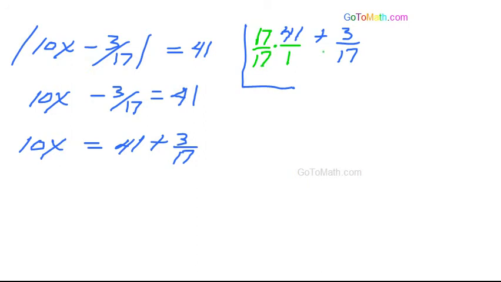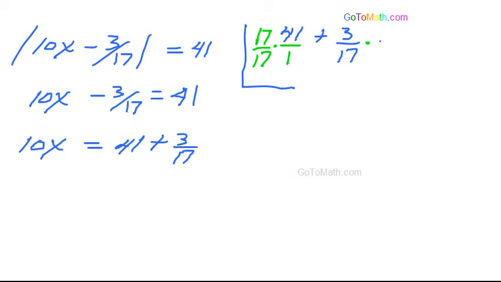Remember, 17 over 17 is just 1. And then what do we need to multiply this side by? Well, nothing, because 17 times 1 is 17. And therefore we have a 17 as a denominator under this fraction, and now we have a 17 under this fraction here, and so we just need to multiply 17 times 41.